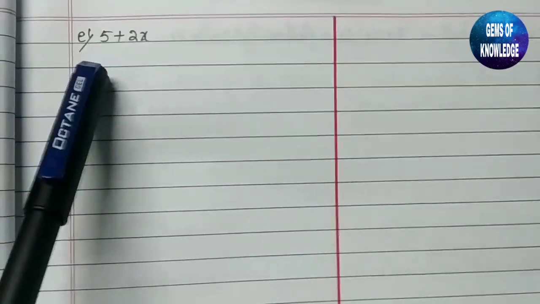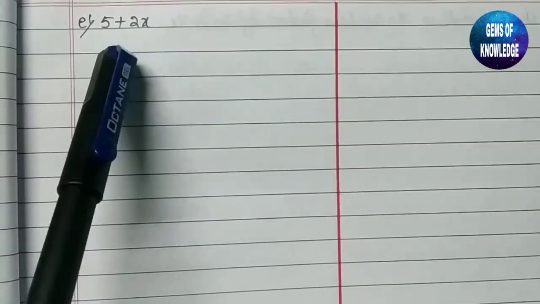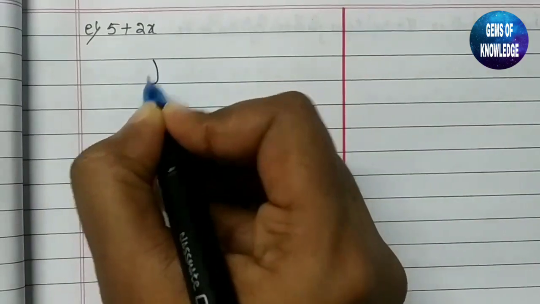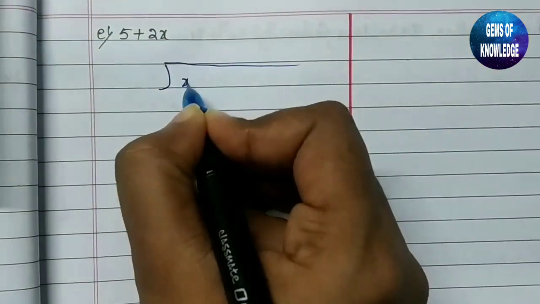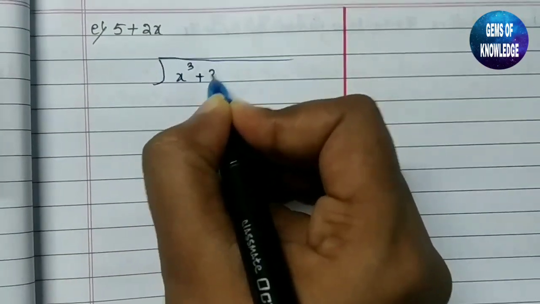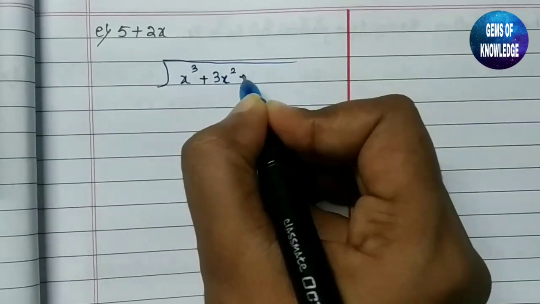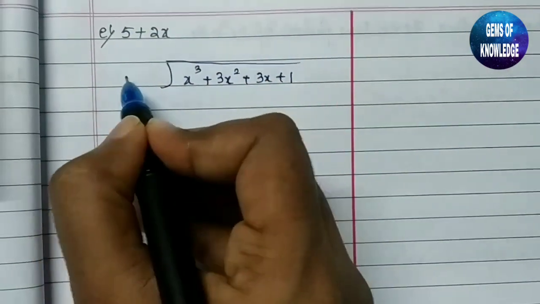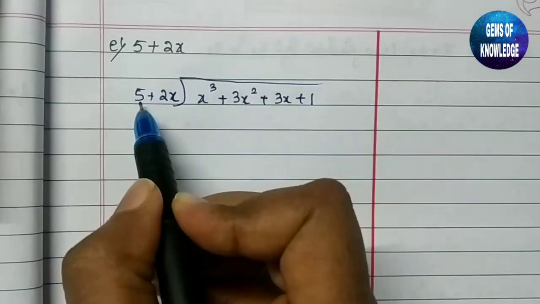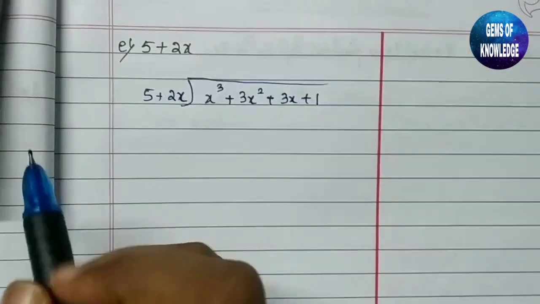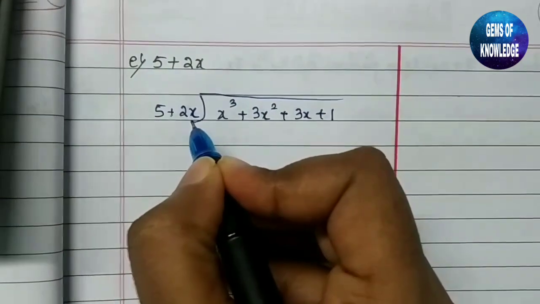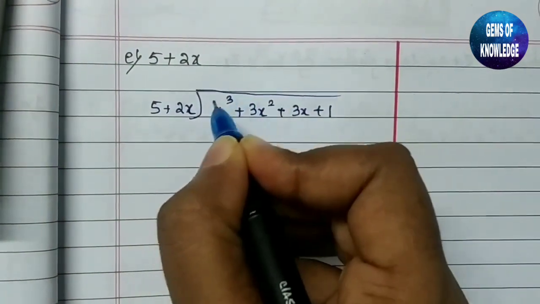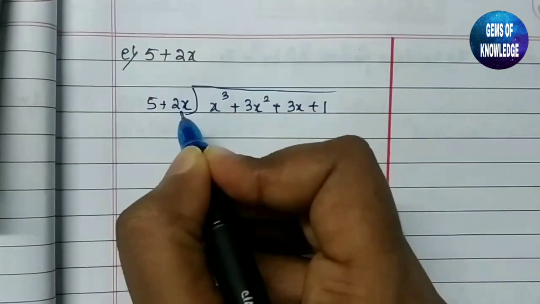Here with the same question we need to solve for the fifth one also, that is x cube plus 3x square plus 3x plus 1 and this will be the, okay, so we need to divide it with this one. Okay, so here you can see this x cube must be divided with this 2x.